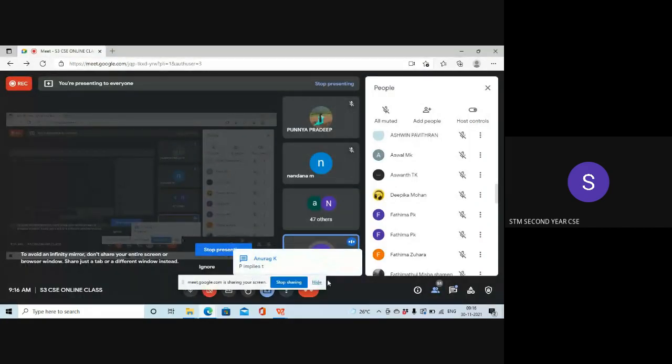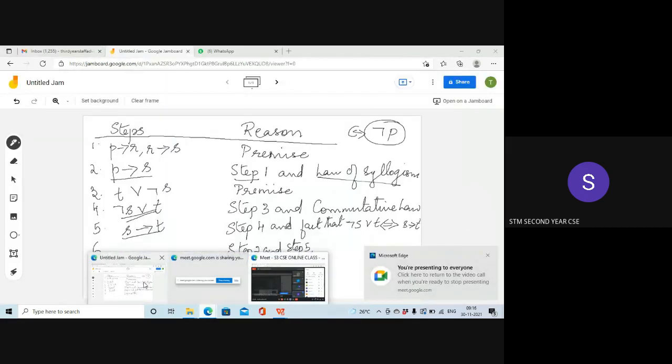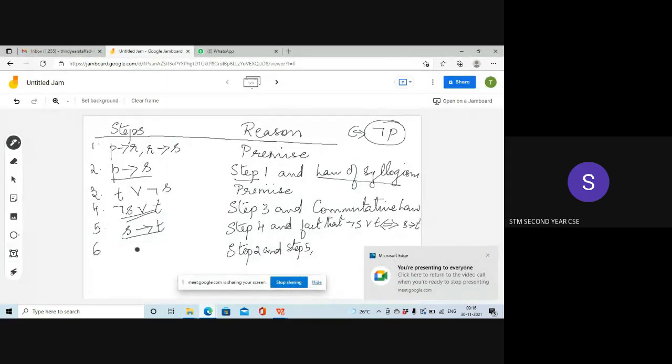P implies T. Okay, very good. In the sixth step, you will get P implies T: P implies S, S implies T, then P implies T. Step 2 and 5 and law of syllogism.